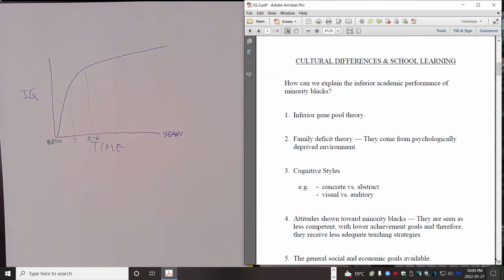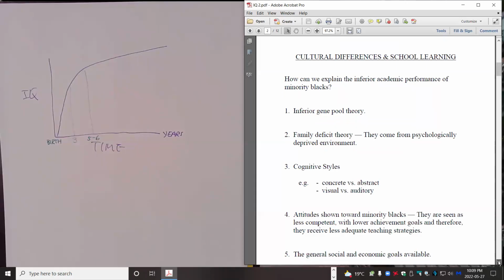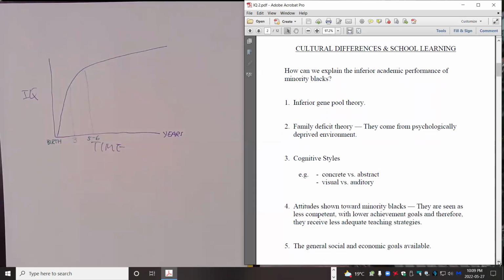How can we explain now in general the inferior academic performance of minority Blacks in the United States, and our indigenous students in Canada? Now there are a lot of theories put forward by researchers and scientists and, of course, psychologists. Inferior gene pool theory.